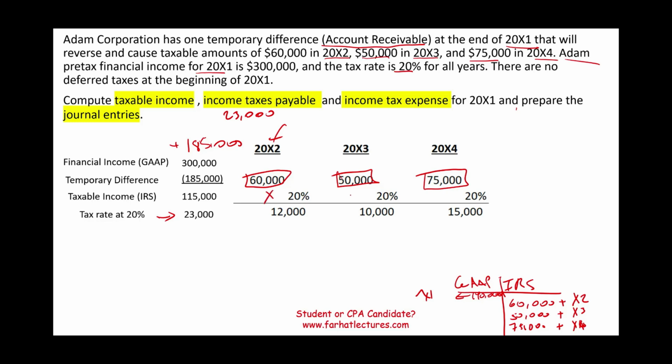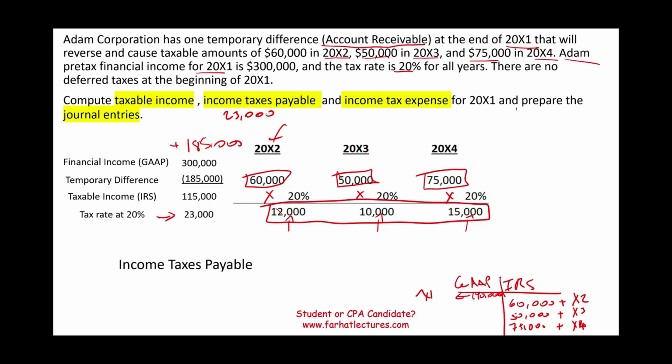As these reverse, we are told the tax rate will be 20%. Therefore, we will be responsible for an additional 12,000, an additional 10,000, and an additional 15,000. Well, if we're responsible for that, what is that going to give us? That's going to give us our deferred tax liability.